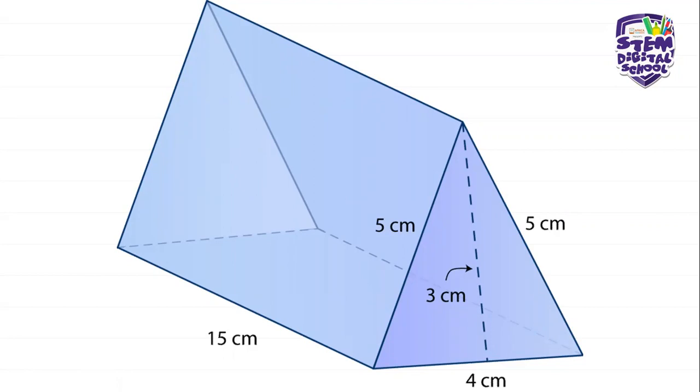Remember that we have always said that the formula for calculating the area of a triangle is given by A is equal to half of the base multiplied by the height, the perpendicular height in this case. Can I give you 30 seconds just to calculate, and then if you are ready, please tell me. 30 seconds.